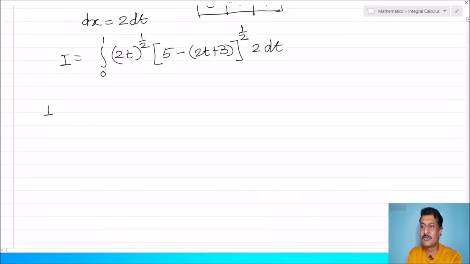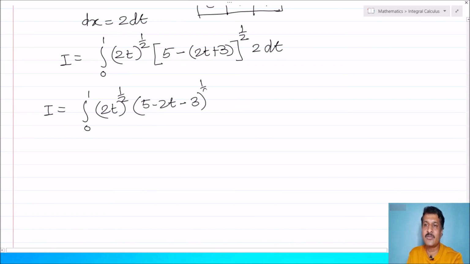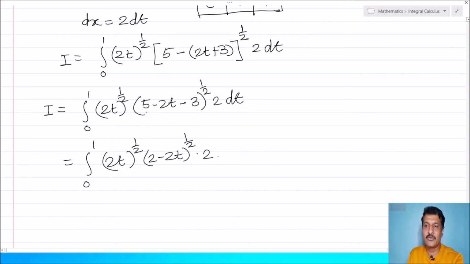So how? I equal to integration 0 to 1 (2t) raised to half, and here (5 minus 2t minus 3) raised to half into 2 dt. So integration 0 to 1 (2t) raised to half, here I am getting (2 minus 2t) raised to half into 2 dt.